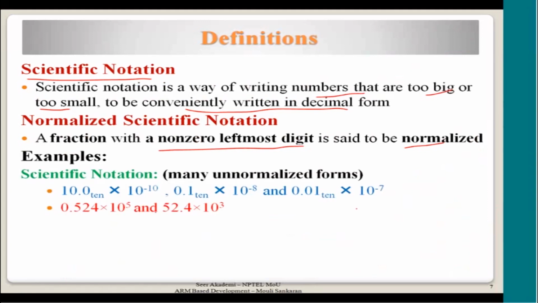What are these? This is called scientific notation. Why? If I need to represent this whole thing without this convention of 10 power minus 10, I would need miles of length of paper. So I am compressing it, but are we losing something in the scientific notation? Of course yes, because you are not representing the decimal numbers.